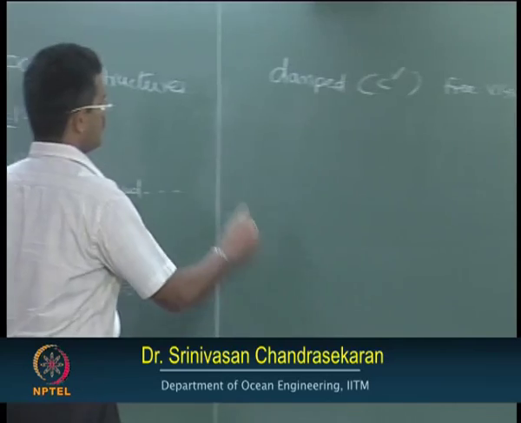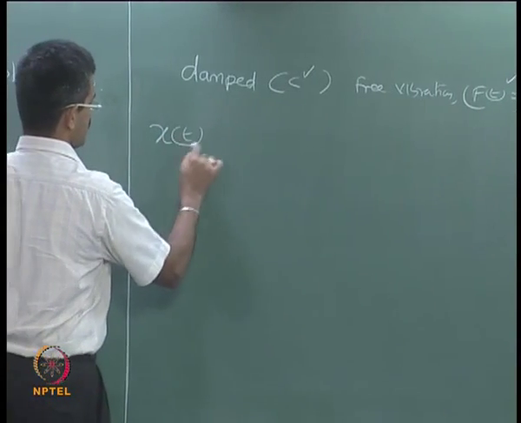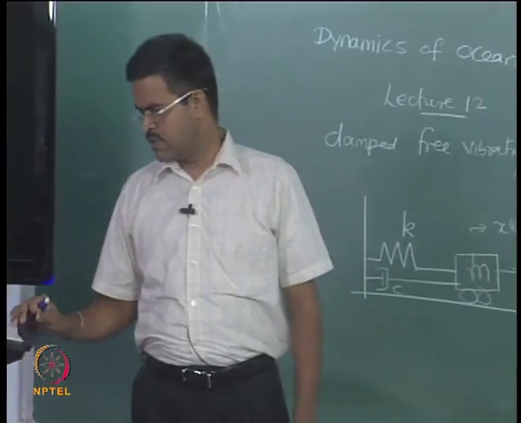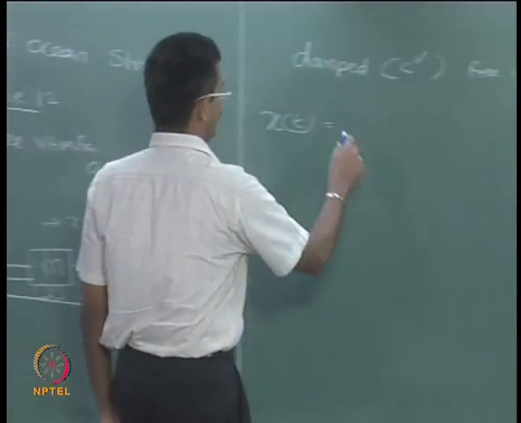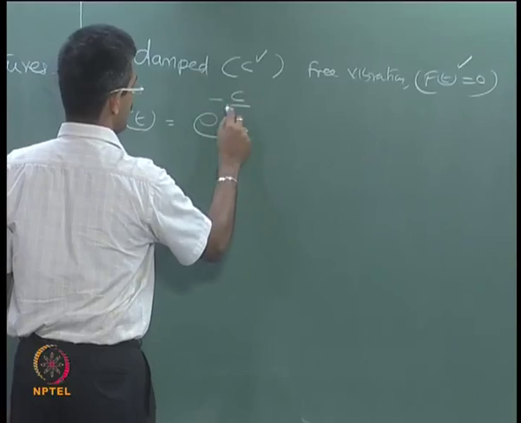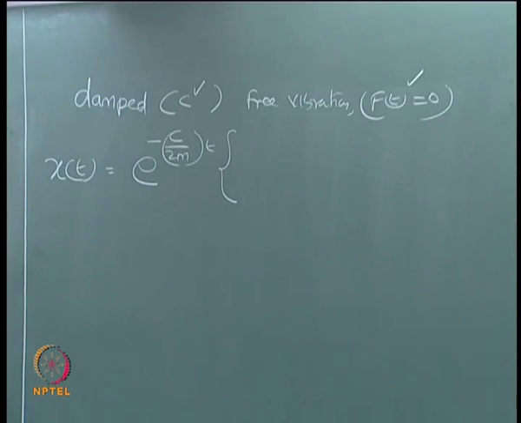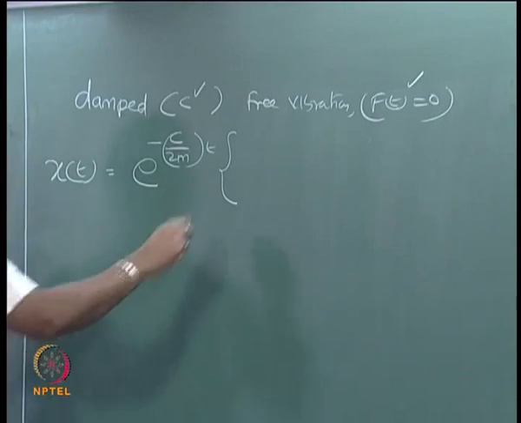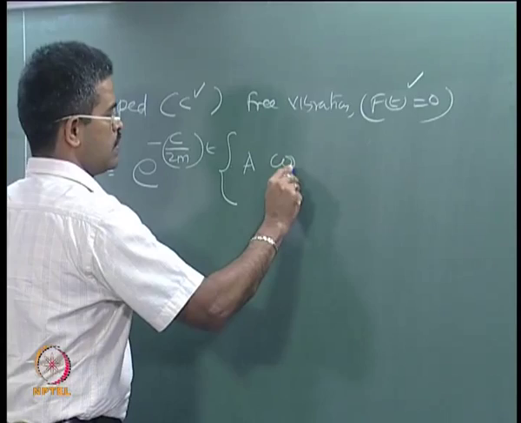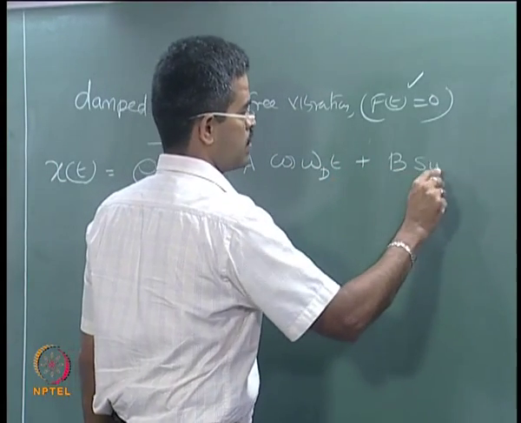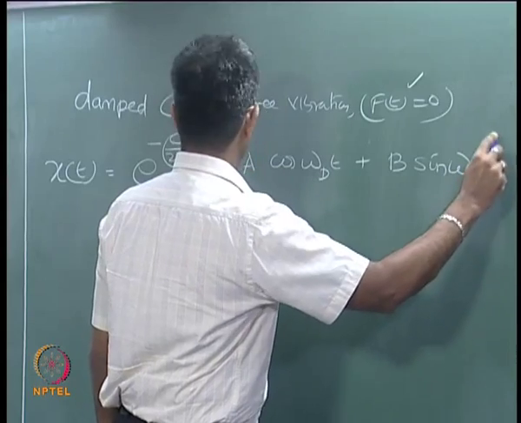So we found out the expression for x of t in the last class, which is e to the power of minus c by 2m of t. We will use a and b as constants, a cos omega dt plus b sin omega dt.